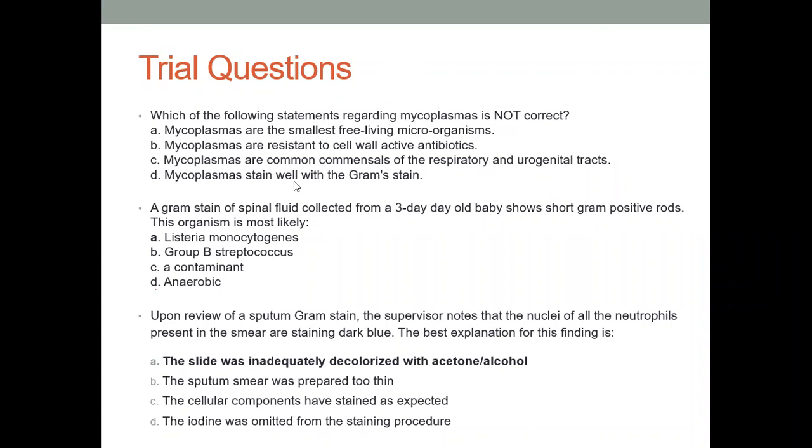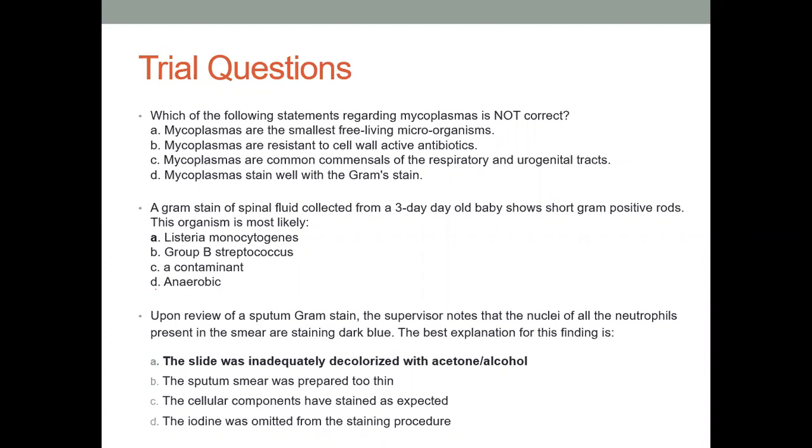I brought this question just because we have had some discussions on the gram staining. Mycoplasmas stain gram negative, just by default.